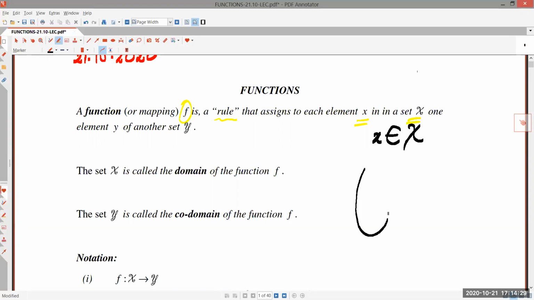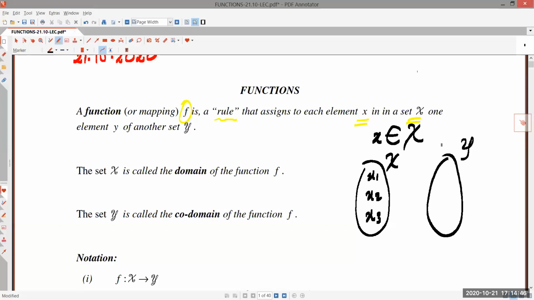Let me call this set X, and x1 is one element, x2 is another element, x3 is another element, and there is another set, which we call Y, and this Y also has elements, y1, y2, y3, y4, let's say.